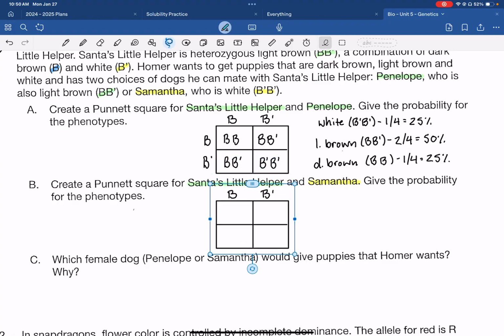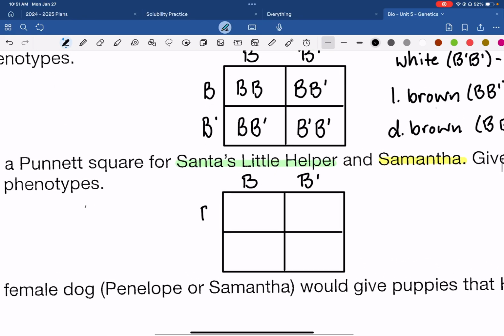And I've already kept Santa's Little Helper there at the top because he's still going to be part of the mating process. The difference here is he's going to be mating with Samantha. Now, what color is Samantha? White. So what is her genotype? She is homozygous for B prime. So she's B prime, B prime.